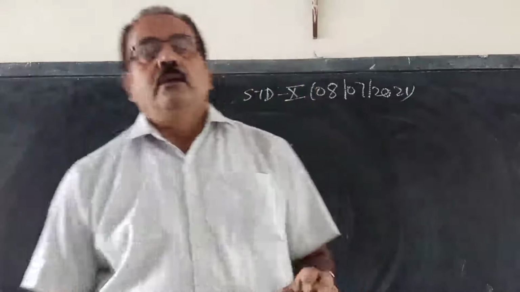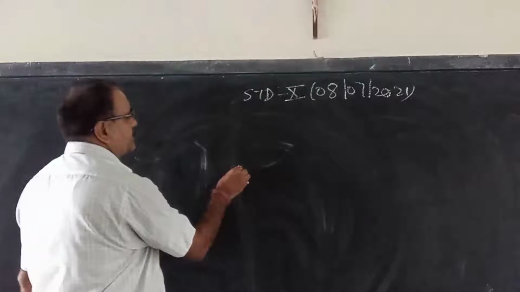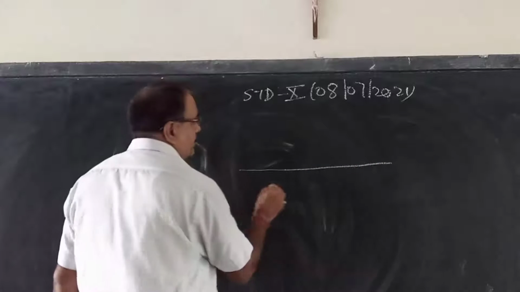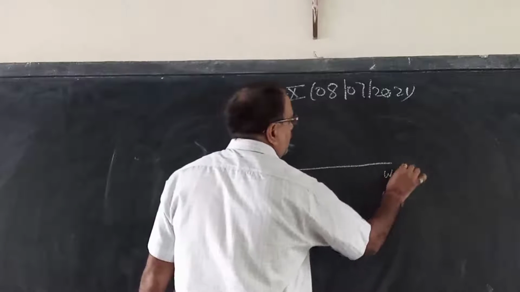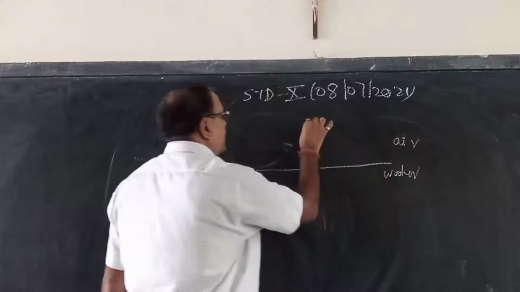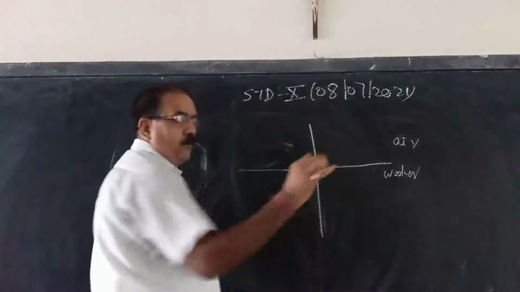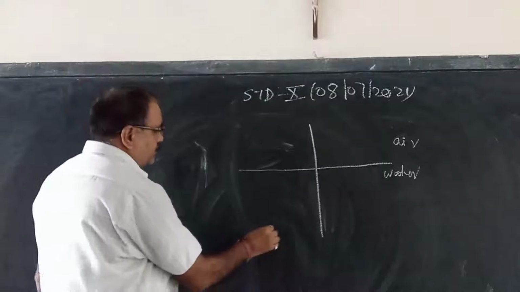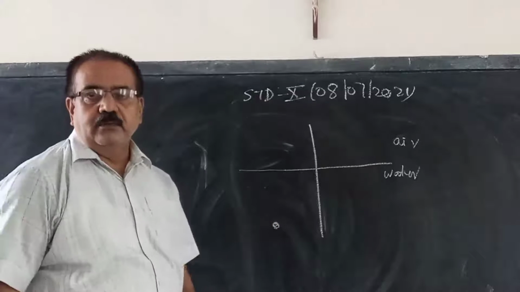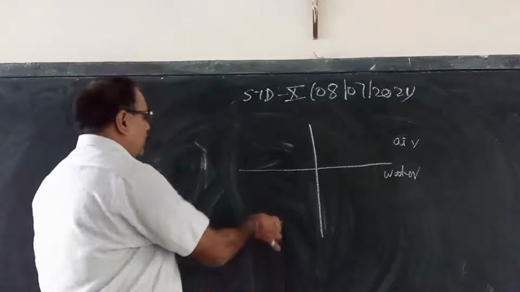So, see, this is the separating surface. This is water and this is air. This is the normal. Suppose this is a coin.